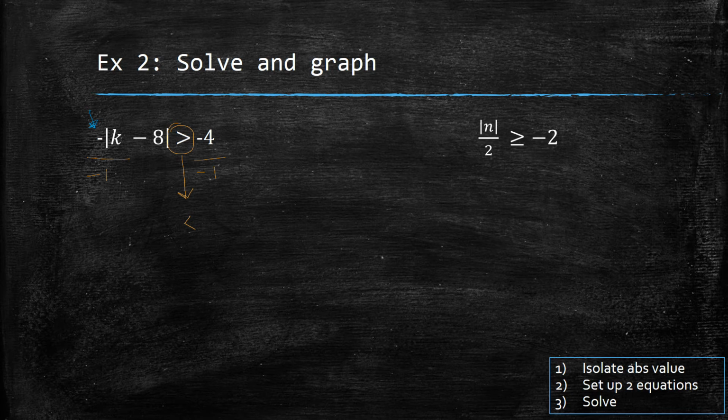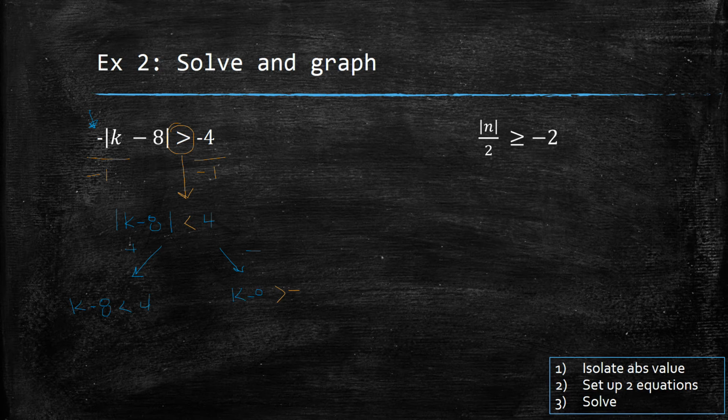So now that we've gotten rid of the negative over here, we're left with the absolute value of k minus 8 is less than positive 4. From here, we can split it into our two inequalities, the positive side, which is just k minus 8 is less than 4, and the negative side. Remember, two things happen: your inequality changes and the sign on the right becomes negative.